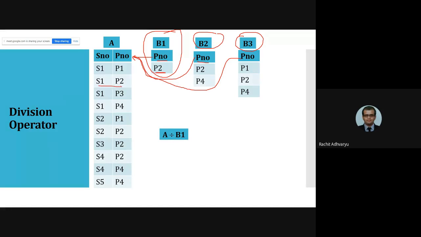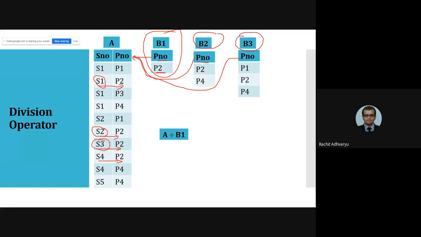So this tuple is having P2. Then this tuple is having a P2. This tuple is having a P2. And this tuple is also having a P2. Right? So everywhere else, we are not having any P2. Only these tuples have the P2. So this will be the output of A divided by B1.